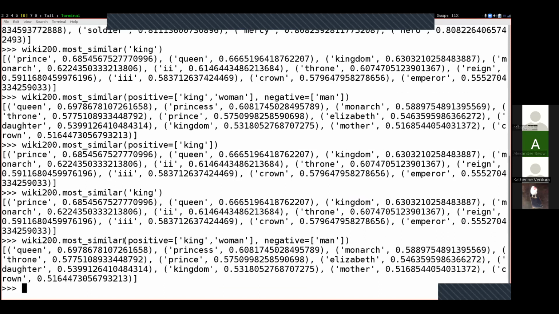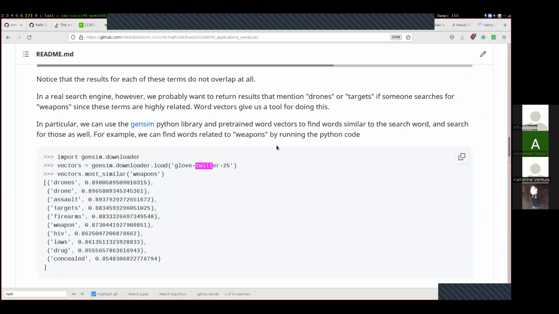For the purposes of your project, you're not going to have to do these. We call these analogies. You'll just have to do the most similar function with a single one of these words at a time to find what the most similar words are to that particular word. But one of the coolest things about word vectors is that you can do these analogies, and it was very unexpected at the time that they'd be able to do something like this.